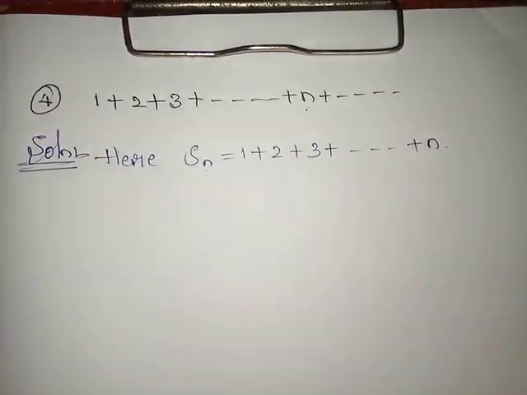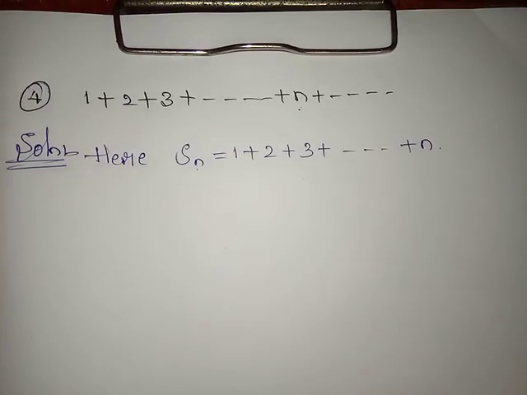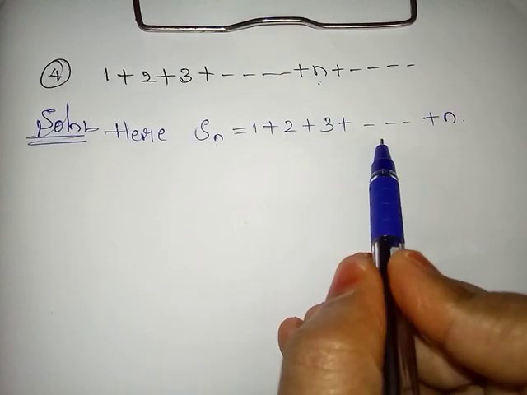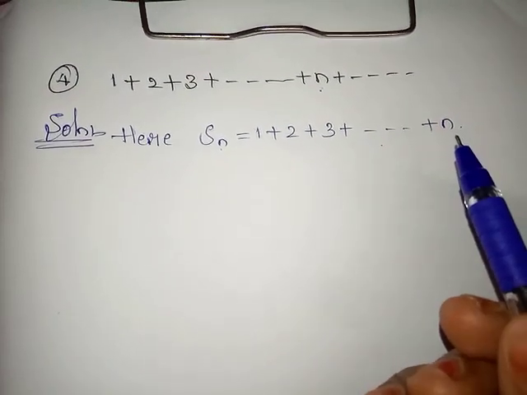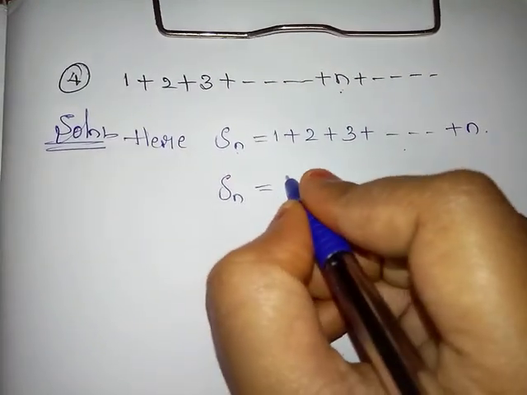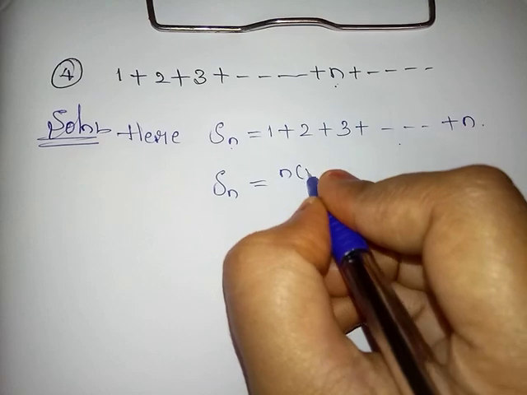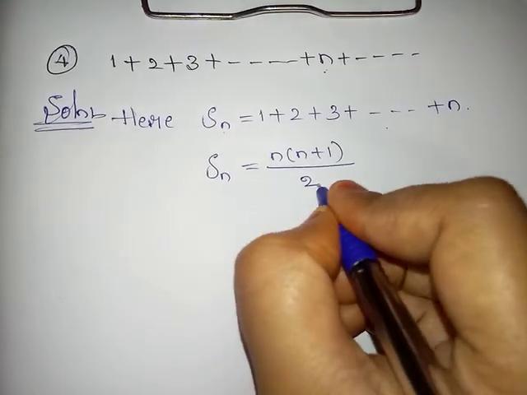We have a standard result for this series. Sum to first n terms of the natural numbers is given by Sn is equal to n into n plus 1 divided by 2.